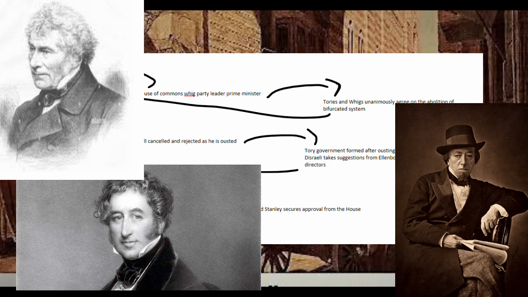However, despite the whole rigmarole that I just explained, that being Lord Palmerston's bill being cancelled, and Disraeli coming into action and suggesting his reforms taken from inspirations from Ellenborough, Lord Stanley, another individual in the government, secures a complete approval from the House of Commons, which would later form the very basis of the 1858 bill.